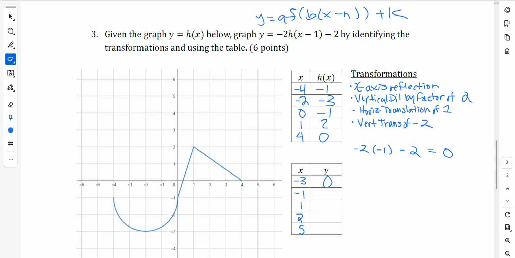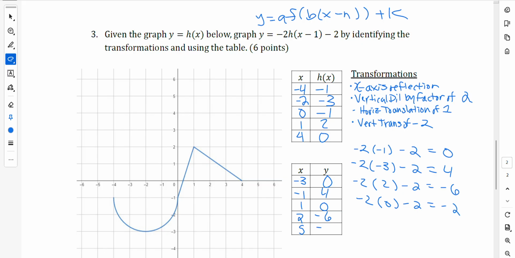Which means I'm going to have a point at 1, 0, because it's -1 there as well. Then -2 times -3 minus 2, that's 6 minus 2, which is 4. -2 times 2 minus 2 is -6 because it's -4 minus 2. And then -2 times 0 minus 2 is -2.